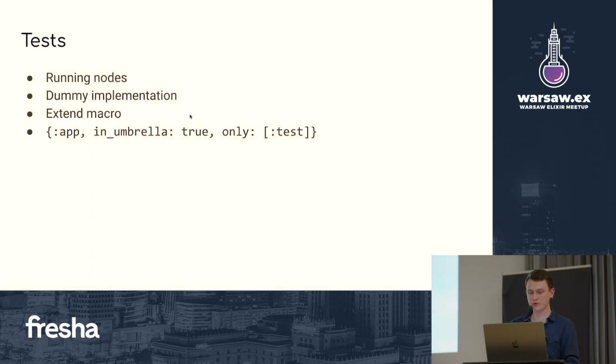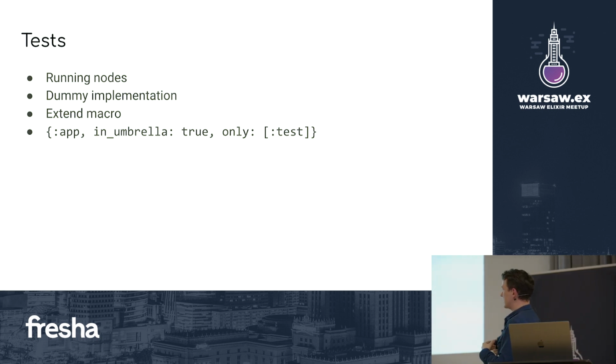So that's another approach. And yet another one: at first I mentioned that we need to remove the in-umbrella true dependencies from mix files. But actually we could leave them, but only for test. This way this code would be available. We would still have an umbrella just for tests, and again, we would need to make some changes to the macro.